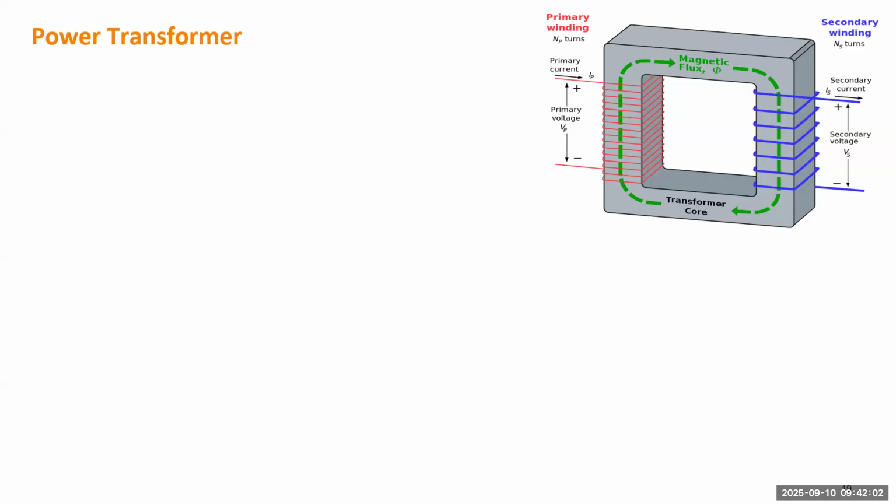Like if you have a generator which generates electricity at, for instance, maybe 30 kV, not very high, but when it's connected to the transmission grid, you need to utilize a step up transformer to increase voltage to a very high voltage, like 200, 345, 500 kV. So then you will need a step up transformer.